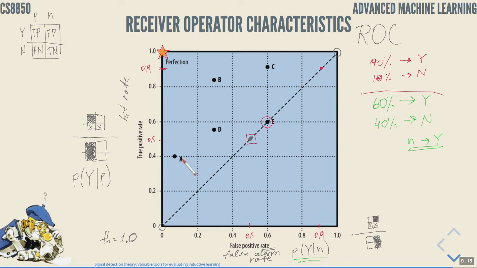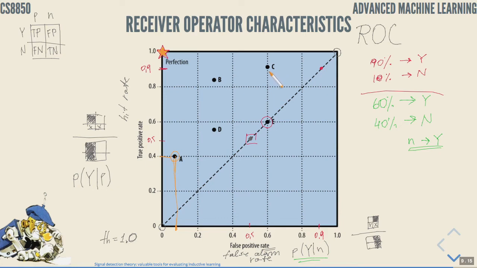So, for instance, in this example, A is a conservative classifier because it's not returning many false alarms, false positives. But the price for being conservative is that it's also not predicting positives when they should have been positive, right?